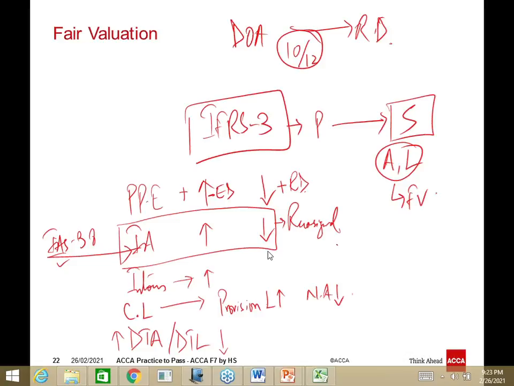Contingent liability point again. Contingent liabilities are disclosed according to IAS 37 when the chance of making the payment is possible. But for the purpose of consolidation, we always make the provision and record this contingent liability as a provision for the purpose of consolidation.